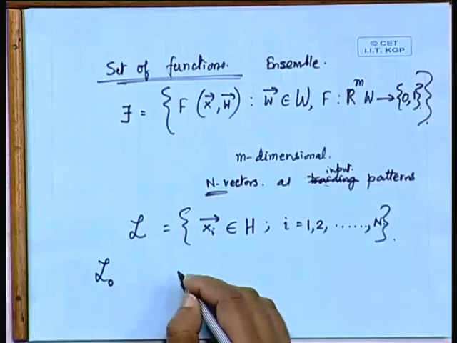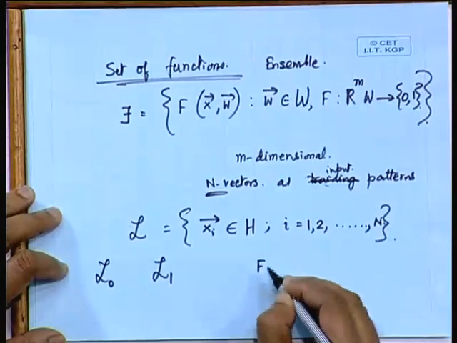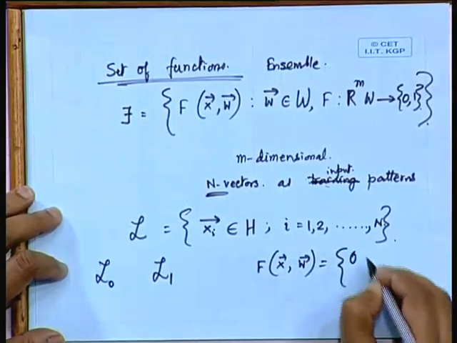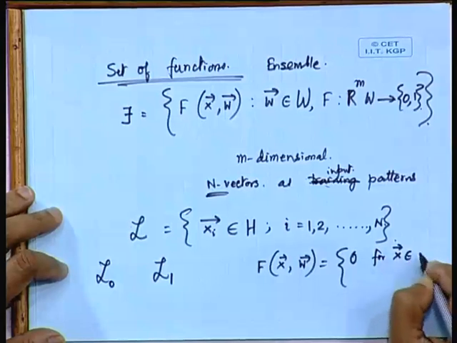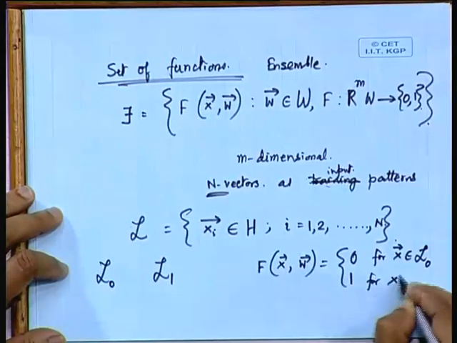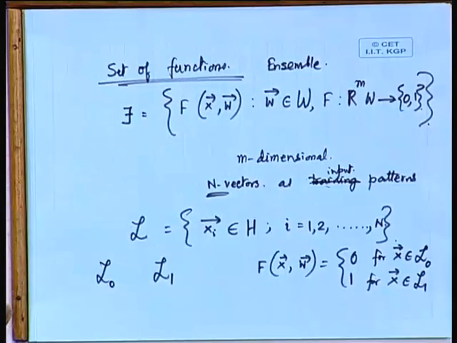Ultimately dichotomy will be a function that will separate this set L into two disjoint subsets L0 and L1, such that f(x, w) will be equal to 0 for x vector belonging to L0, and it will be equal to 1 for x vector belonging to L1. Is it followed?